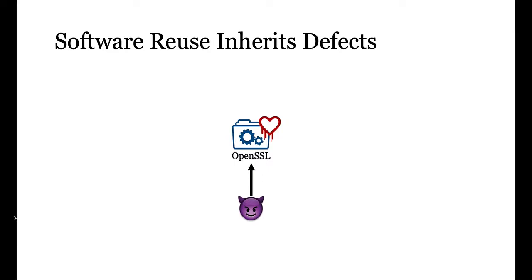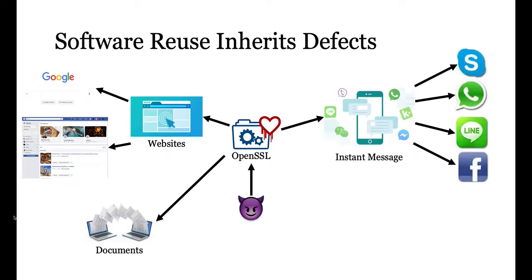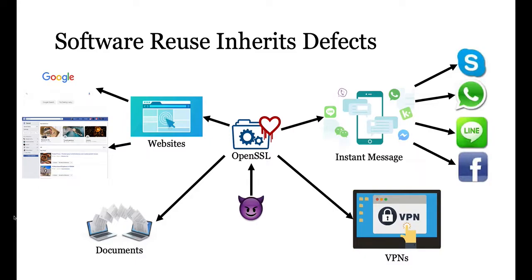Thus, the Heartbleed bug may threaten websites' secret digital documents that are transmitted through the Internet, instant message applications such as Facebook, Line, and Skype, and VPNs that are used inside companies. Surprisingly, 5 years after the bug fix was released, there are still about 1 million vulnerable devices in the world.